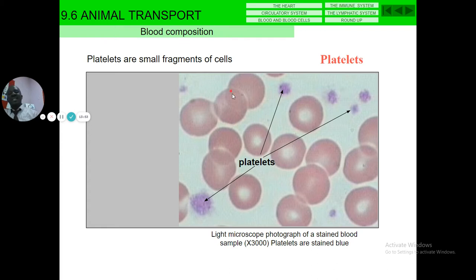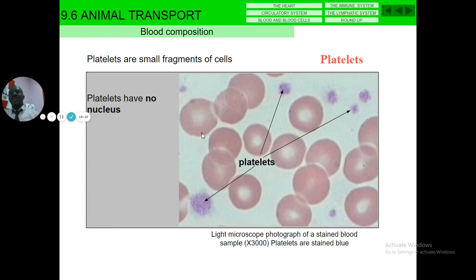Then the red blood cells, which are the majority and many on the smear, as we've seen, are referred to as erythrocytes. Erythro means colored, cytes cells, so those are colored cells.